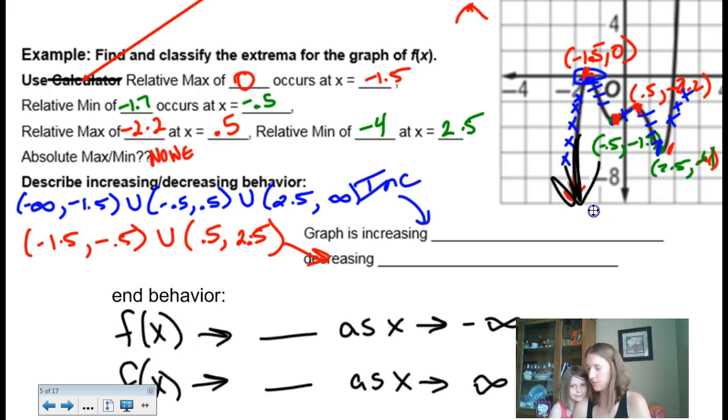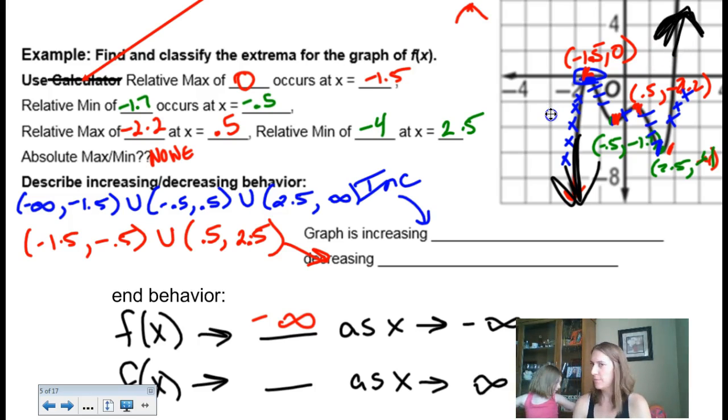Do you know how to say down really fancy yet? No. Negative infinity. And then over here on the right, the function's going up. Any idea how to say up really fancy yet? Well. No. Positive infinity. And again, remember your end behavior can be written backwards. You can say x first versus f of x. I don't care as long as you're consistent.